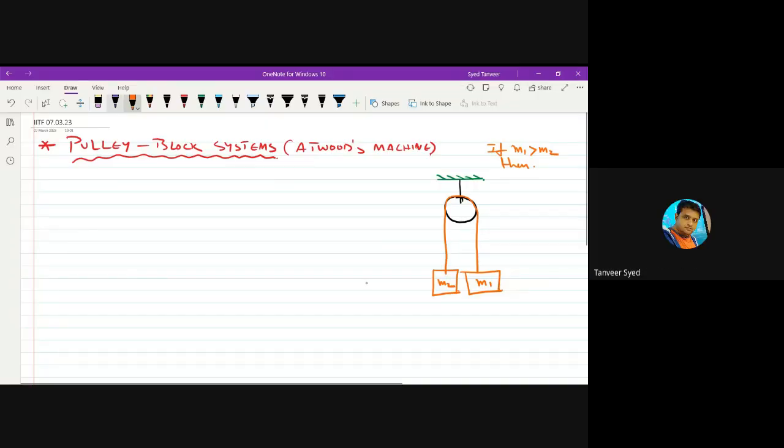See, what happens here is m1 is a block of mass m1, and it is suspended in air. This entire pulley block system is suspended in air from some, let us say, ceiling or roof of the room. Then the weight of this block m1, m1g, will be acting vertically downward. And the weight of this block, m2g, will also be acting vertically downward.